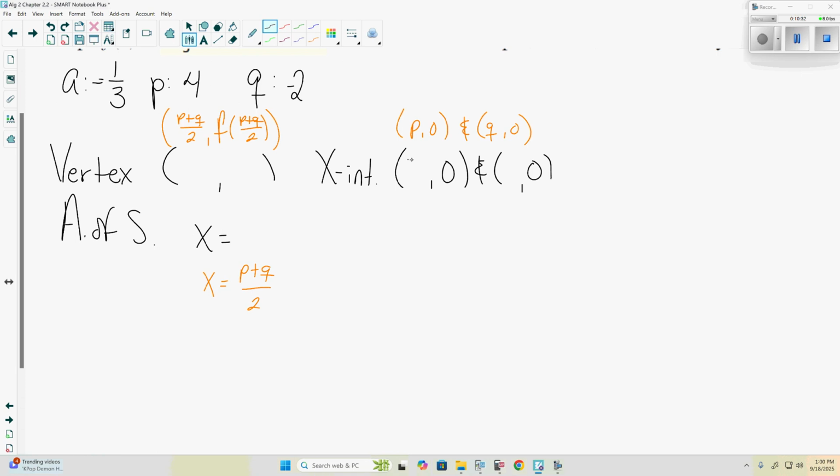What number would go in place of p? What would go in place of q? So our two x-intercepts are (4, 0) and (negative 2, 0), yes? Could I have flipped the values of p and q? Could I have said that q is 4 and p is negative 2?